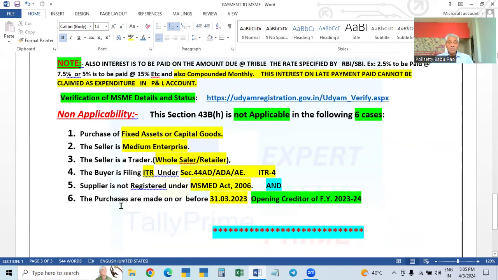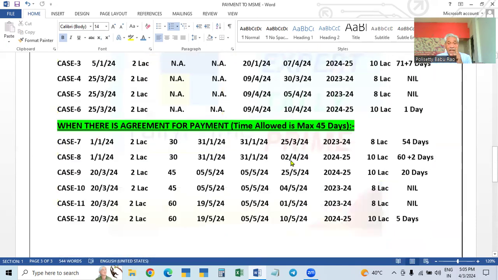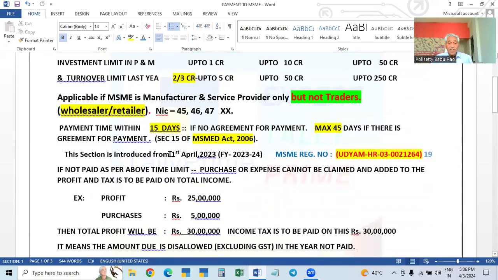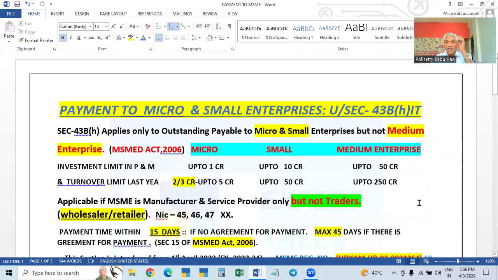And the last one: this section is introduced with effect from 1st April 23. So only goods purchased or expenses incurred after 1st April 23 are covered.